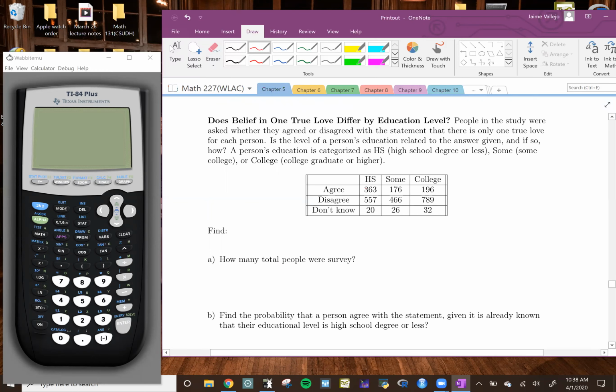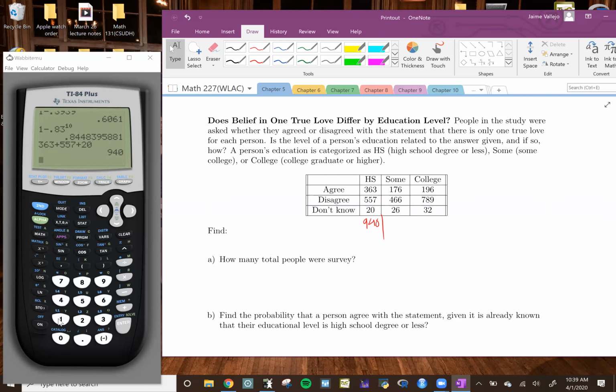The first thing I'm going to do for this table is find the total for all of them. We have to find how many total have a high school degree or less, how many have some college, and how many are college graduate or higher. So we'll do 363 plus 557 plus 20, and that will be 940.